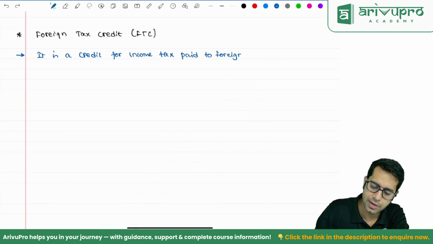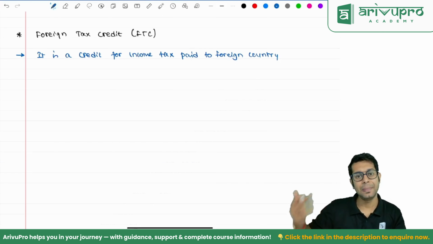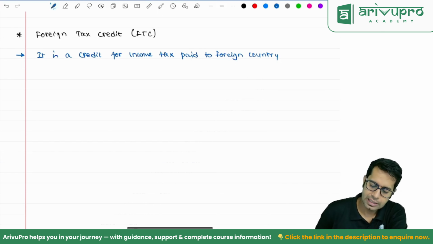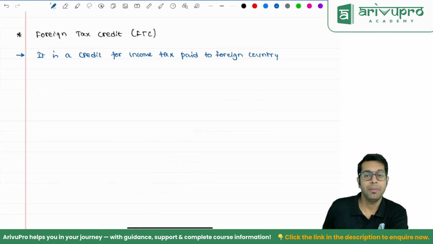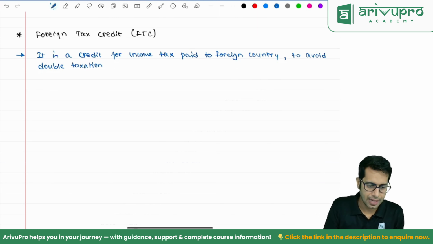That is only for your earned income. Here it is completely on the tax which you have paid. It is a credit for the income tax paid by you to the foreign country to avoid double taxation. So why is this normally given, sir? This is normally given so that double taxation can be avoided.